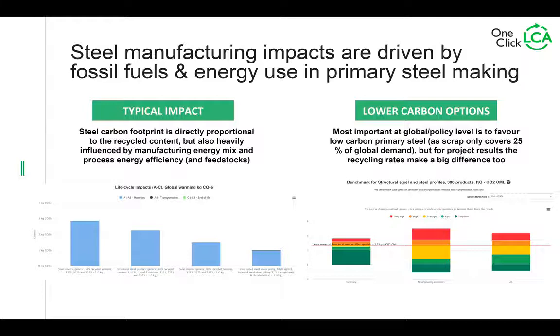Hence creating a strong demand for low carbon primary steel is the most important policy. On a project level, obviously the recycling rate makes a big difference. So I encourage you to also choose recycled products when available, but if you can choose low carbon primary, even better, in my personal view.